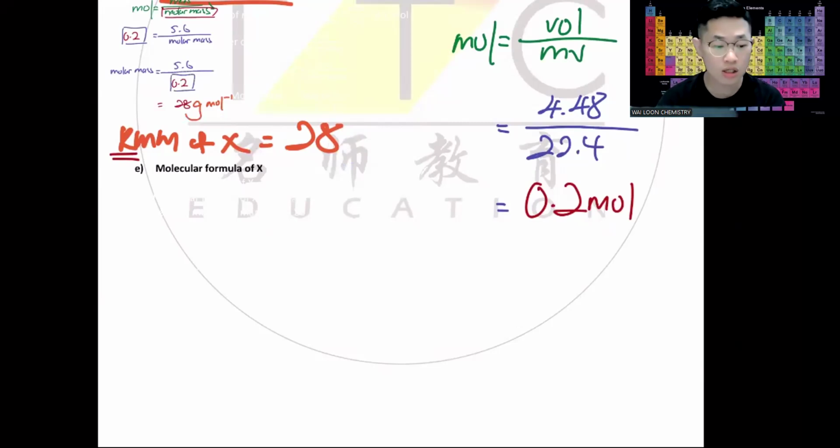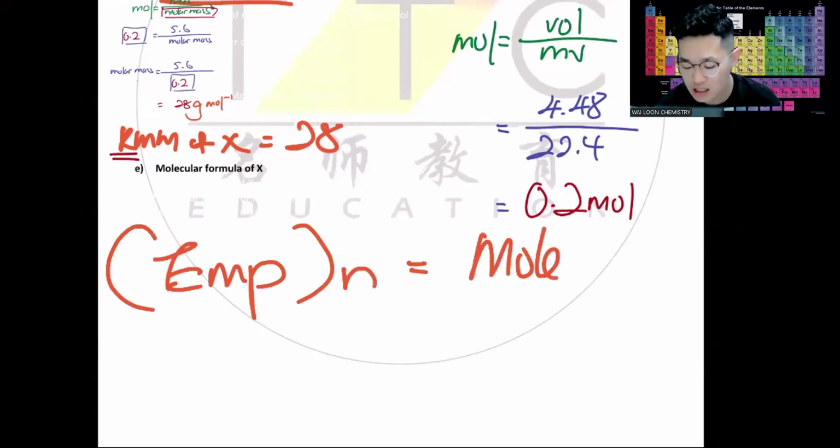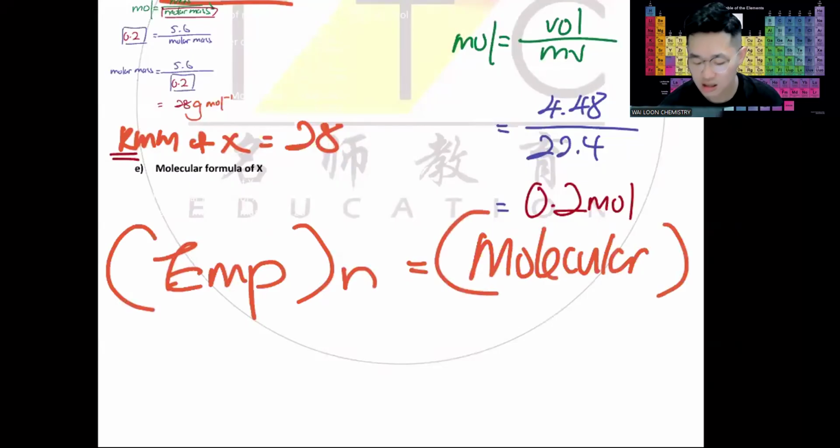Finally, molecular formula of X. So for molecular formula of X, this is how we do it. We already have the empirical formula, the simplest ratio. We can times a number into this empirical formula to get back the actual formula.